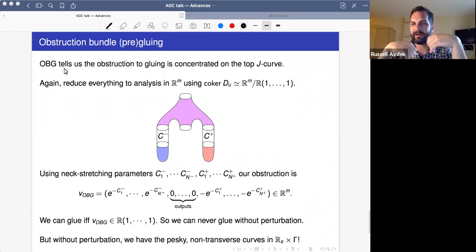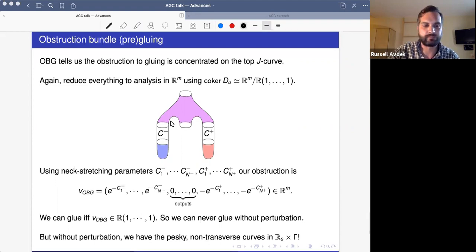And that's where we have to carry out the analysis. So for us, when we have these multi-level configurations, the analysis all happens at the top level, which is the curve contained in the symplectization of the dividing set. And so again, we're just reducing this to analysis of vectors in R^m.